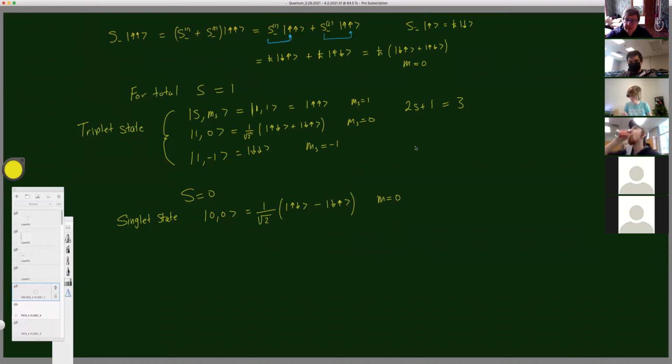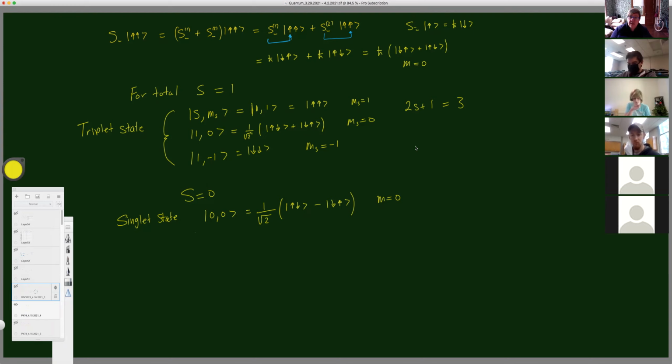And then we saw that, well, I think we weren't quite done with this particular case. So I'm going to roll back, because what we're looking at is, can you prove that these states are eigenstates of the S squared operator?